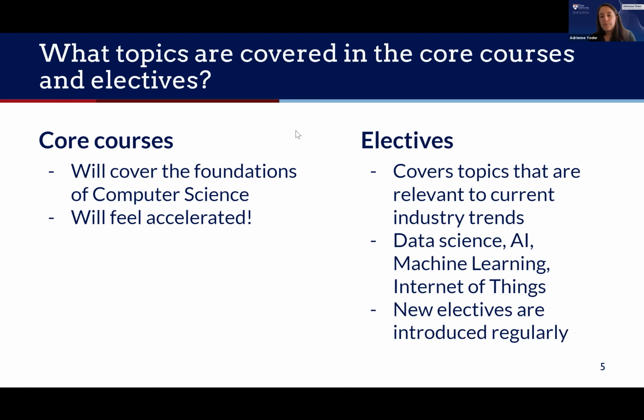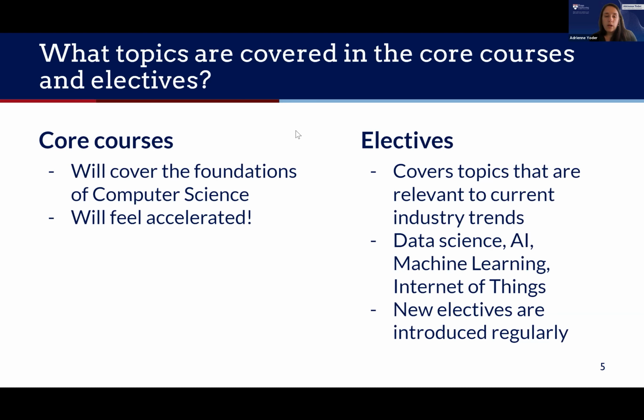This is just a smattering of the topics covered in our electives, and it keeps growing each semester. You'll be learning about data science, artificial intelligence, machine learning, and Internet of Things. We also have an introduction to robotics course, and we've recently introduced a blockchain and cryptography course. More courses will be introduced in the coming semesters as well.